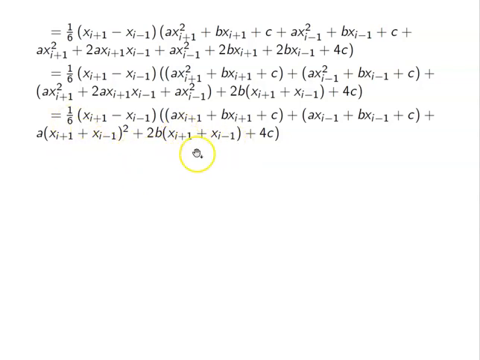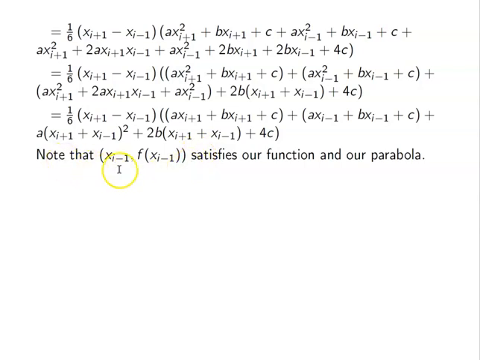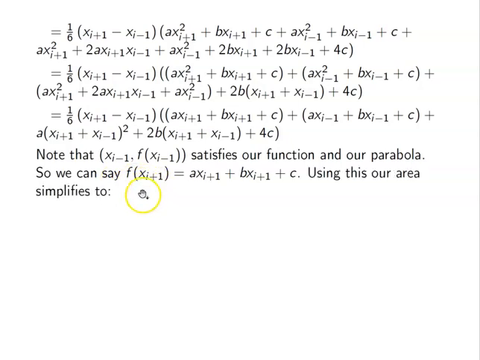I'm not quite there yet for the midpoint. So again, note that f of xi minus 1 satisfies our function in our parabola. So that means that if I rewrite f of xi plus 1, I can replace that with the parabola form, right? So this parabola form here, I can just write my function evaluated at I plus 1.